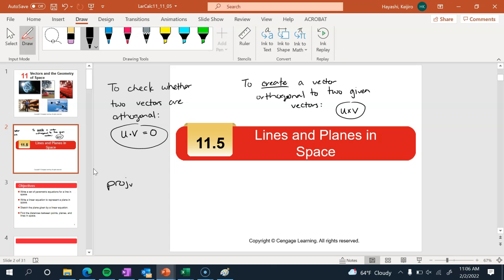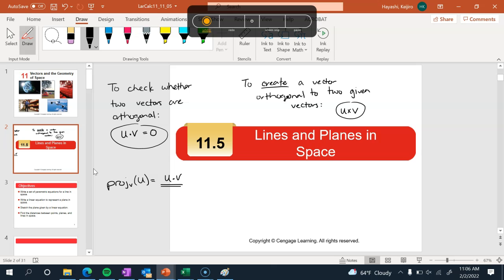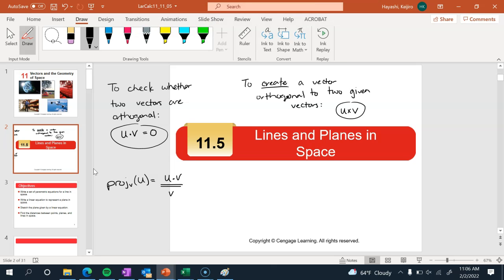The projection onto V of U is given as U dot V over the magnitude of V squared, times V. Why is this a double bar?